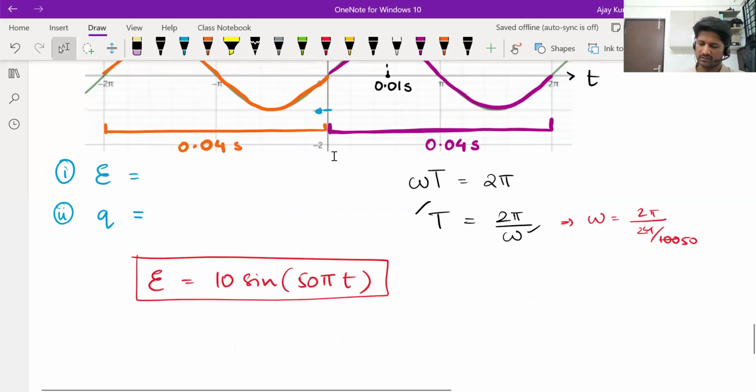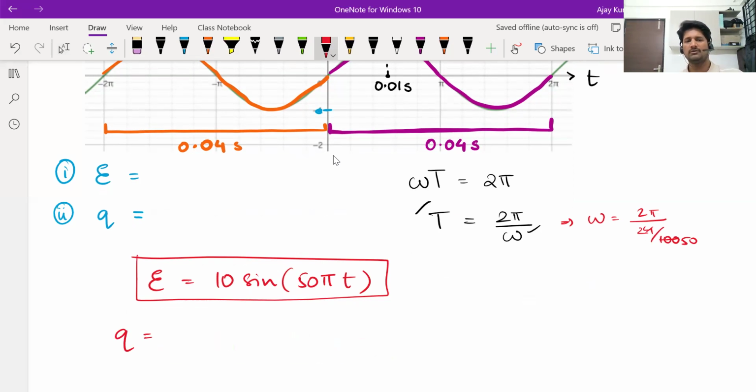Once you get the EMF function, writing the charge function is very easy. How do you write charge when you know EMF or voltage across the capacitor? C E naught omega. What is C E naught omega? Oh, sir, that's I naught, sir. That's the peak value of current.